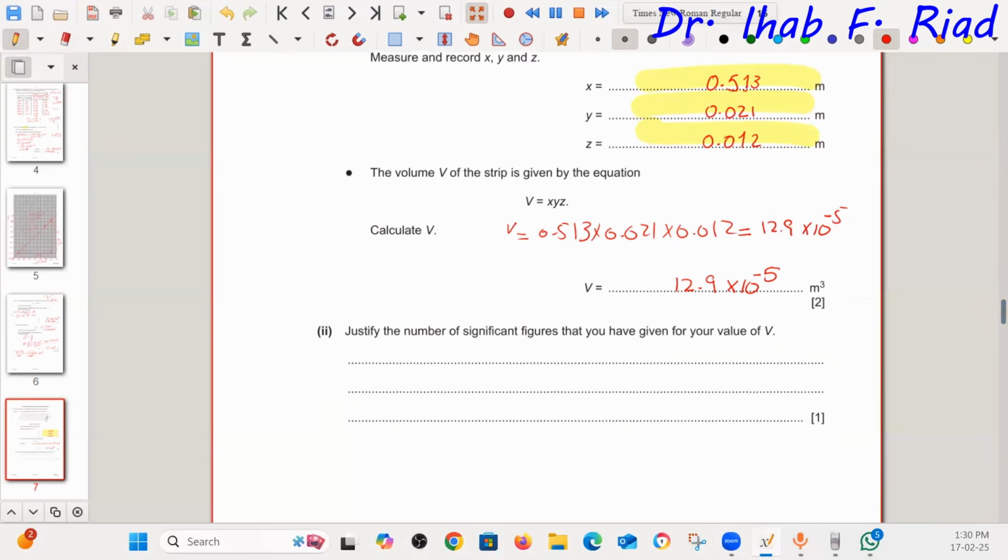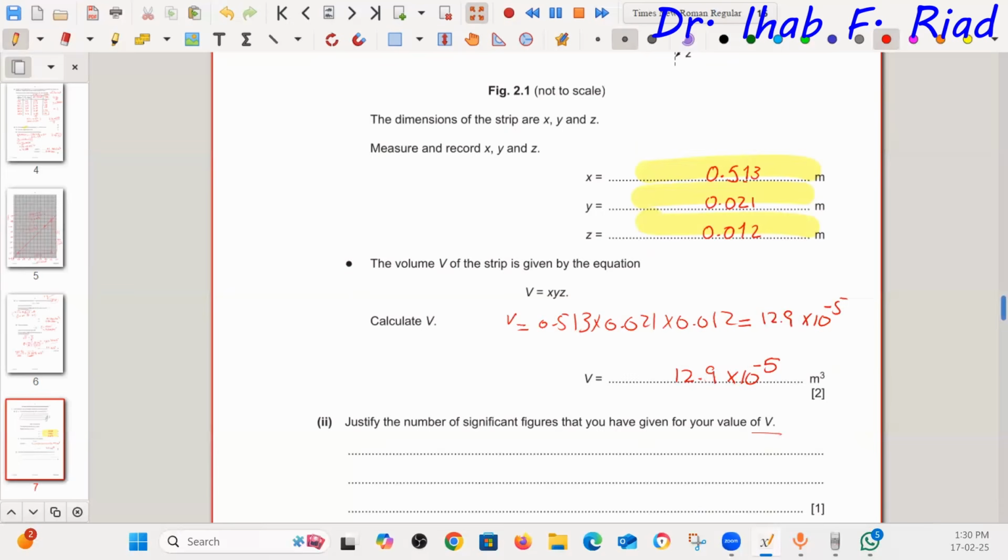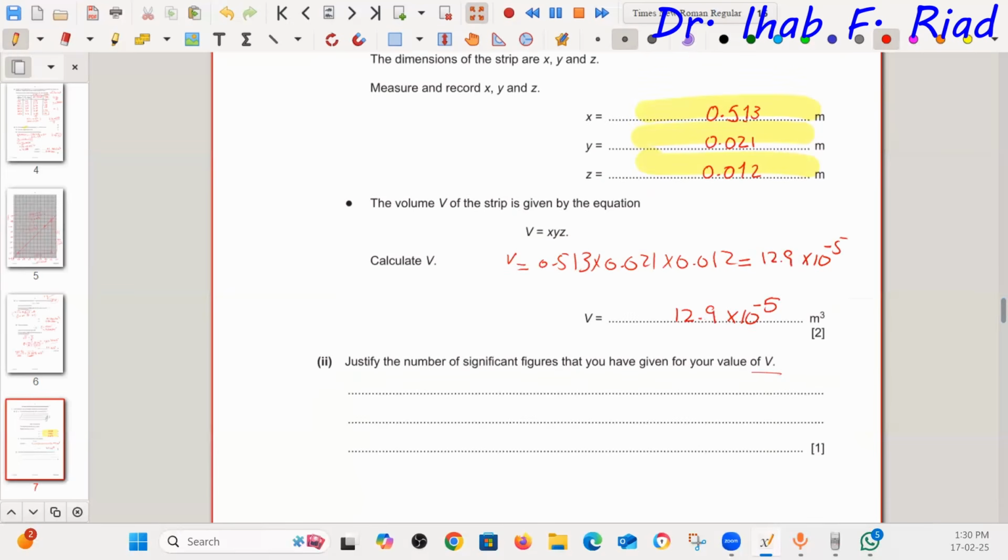Now, justify the number of significant figures that you have given for your value of V. Okay, I kept 3 significant figures. So this is important. If we look at this, we have x. How many significant figures do we have? 3.